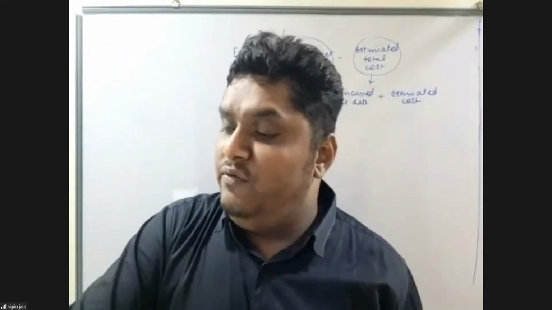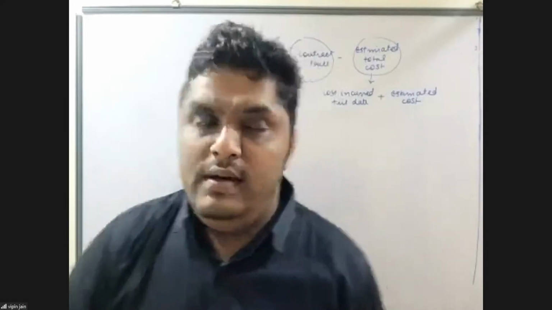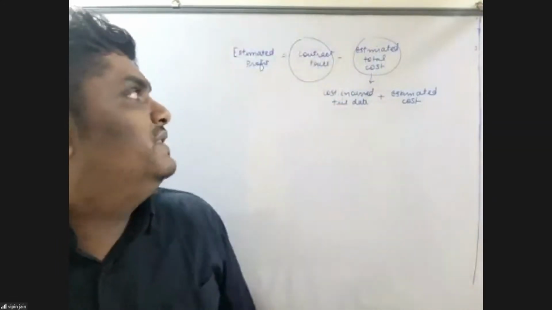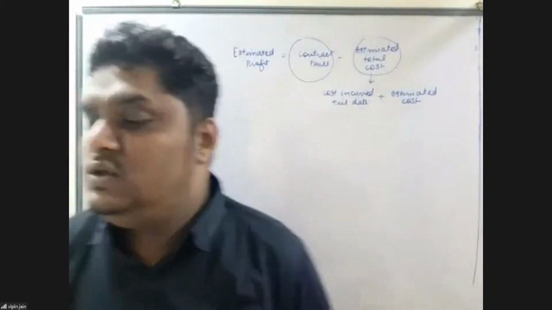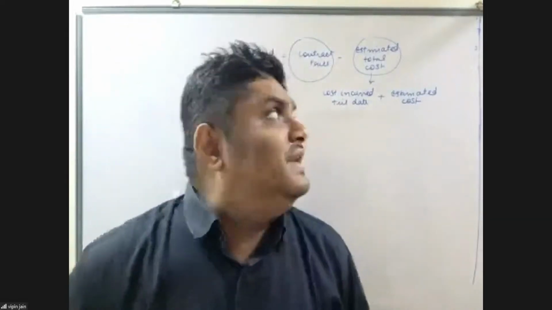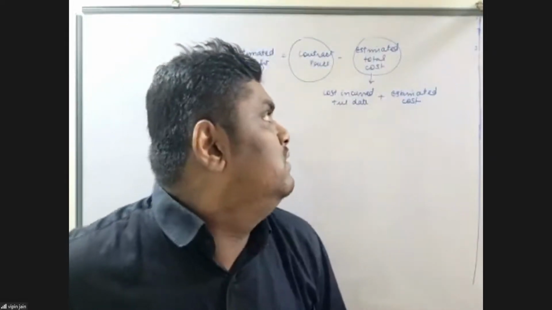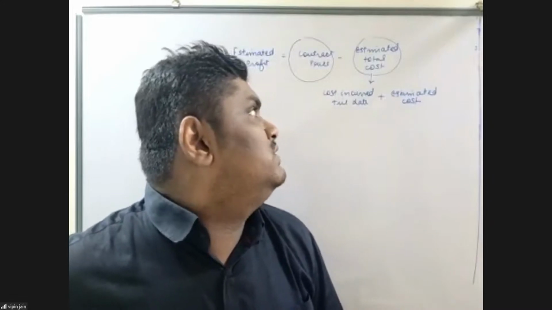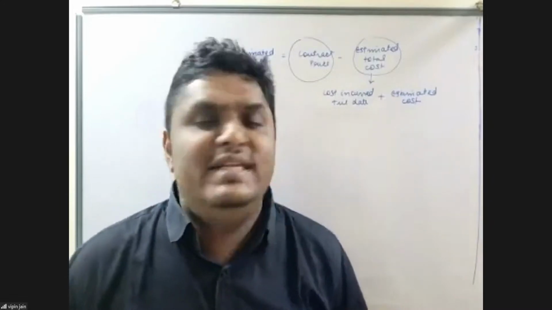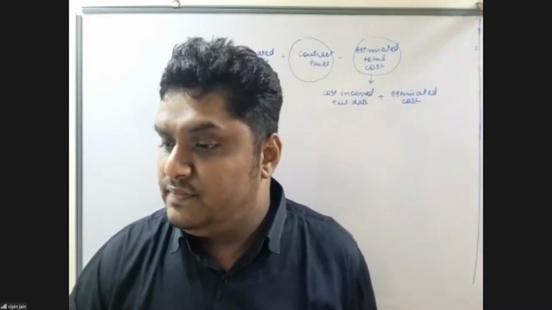Now I'll be starting with question number 5 of my material. I request you guys to please copy this part. Estimated profit is equal to contract price minus estimated total cost, wherein estimated total cost is cost incurred till date plus estimated cost.